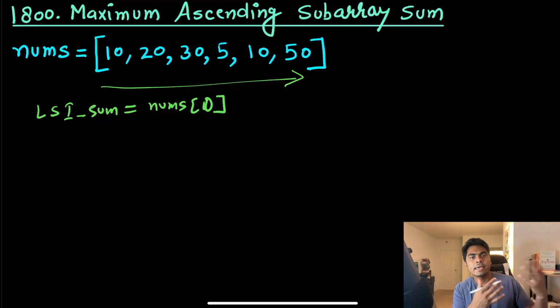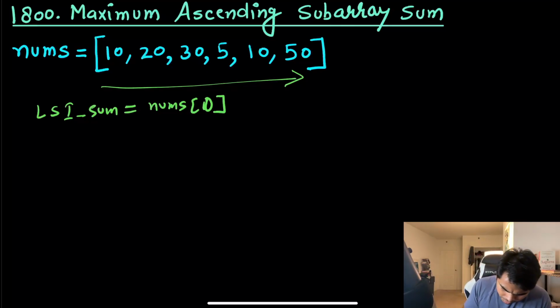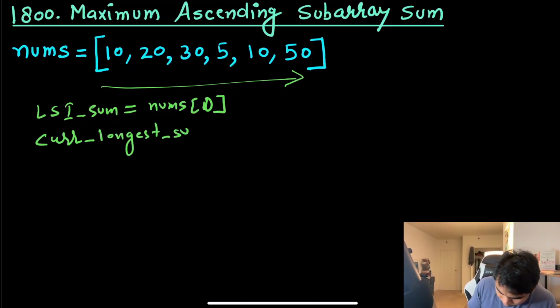And we will handle the case if the length of nums is 0, then we will return 0. But then I will also have current longest sum.